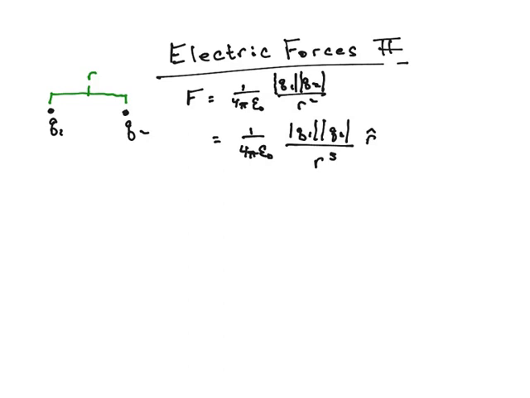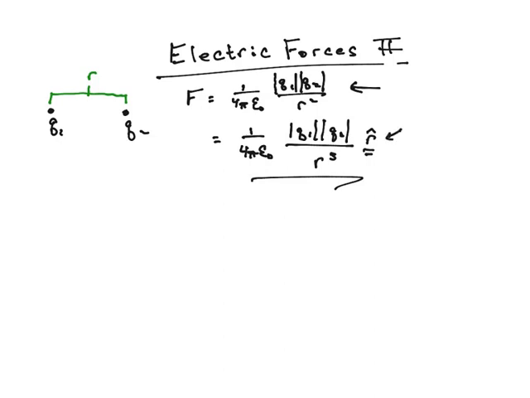However, that's not really true, because technically this unit vector here is kind of canceling one of those r's on the bottom, so it's still r squared. Okay, so if you see this, don't let it confuse you. This is just a way of writing the same exact equation as this one, but in vector form, so you see the direction.